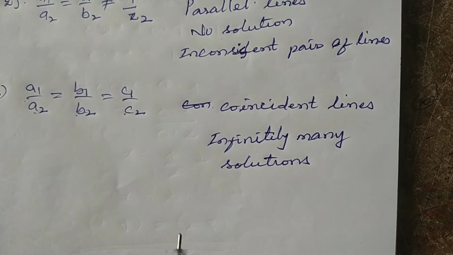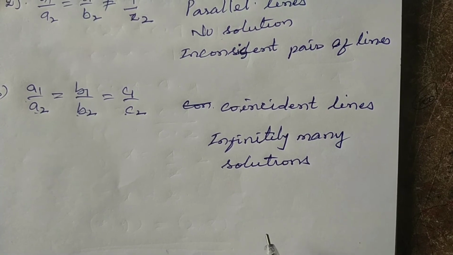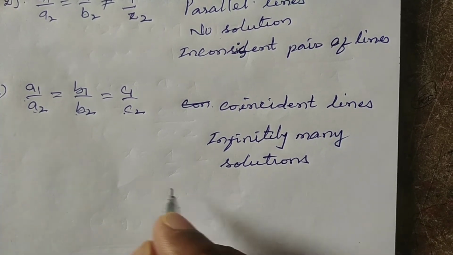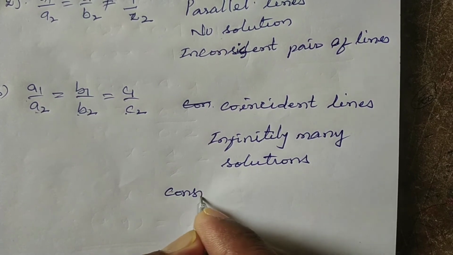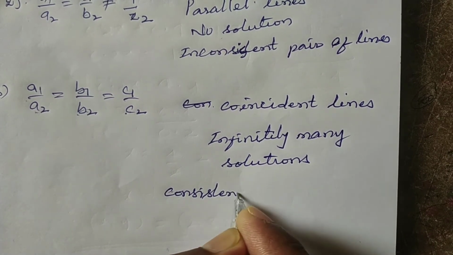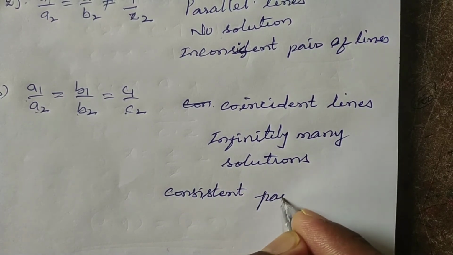So here these two lines have a solution. When they have a solution, the lines are consistent, a consistent pair of linear equations.